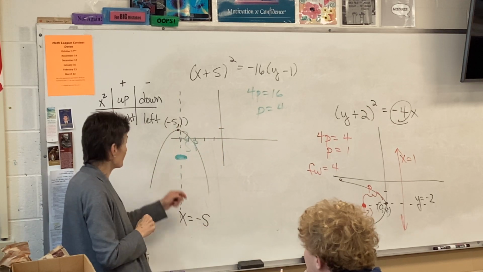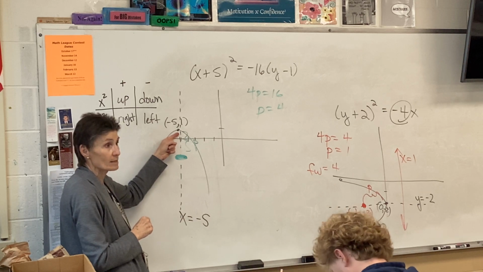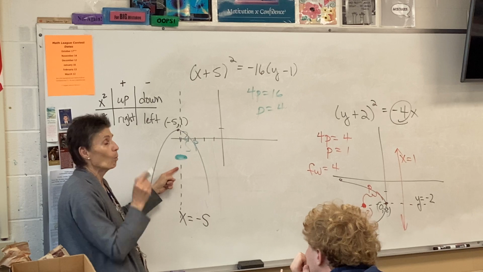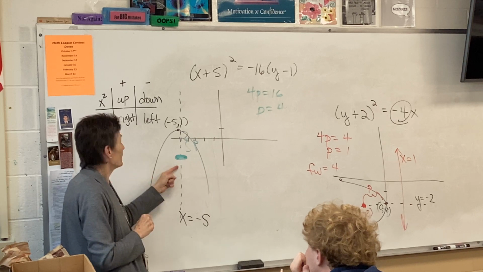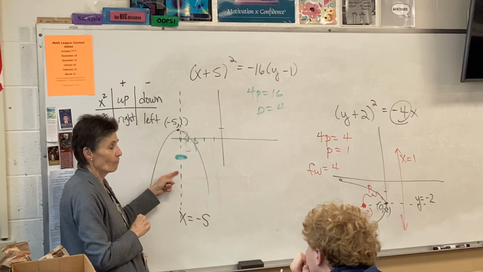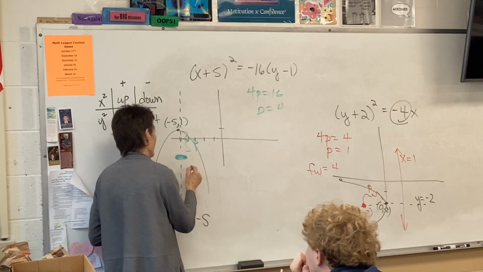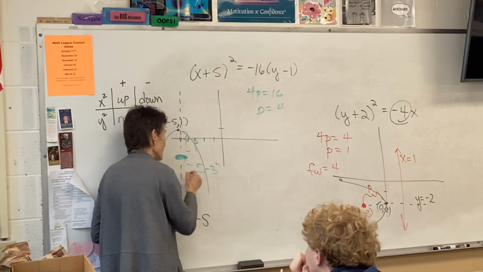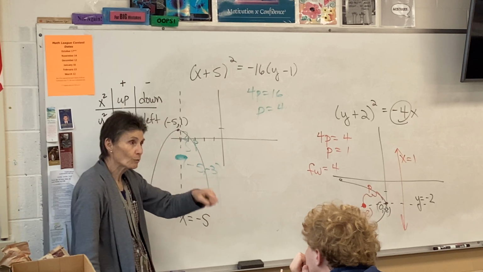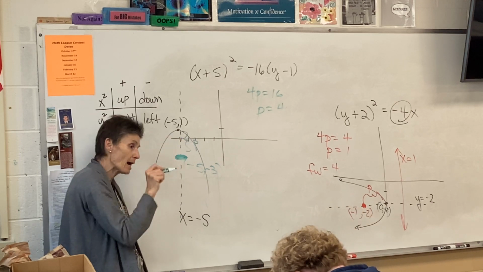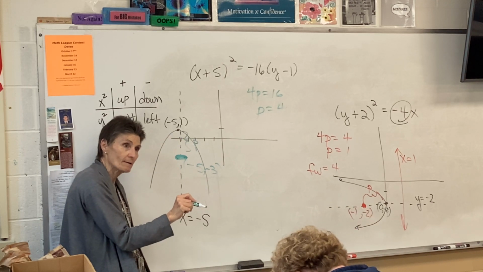That means that I'm gonna start right here at my vertex and go down 4. Where will I be if I start at this point and go straight down 4? I will be at the point -5, -3. Use your graph paper. Put your pencil on the vertex and count down 4 spaces.